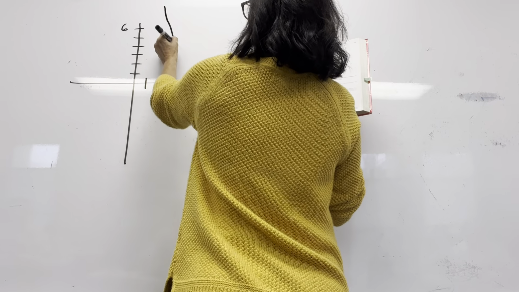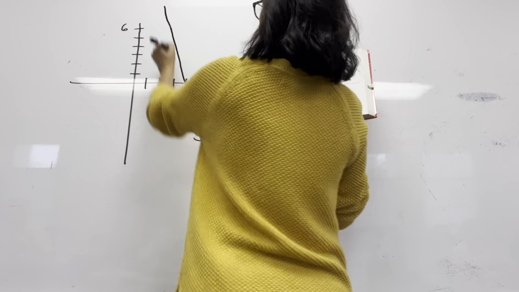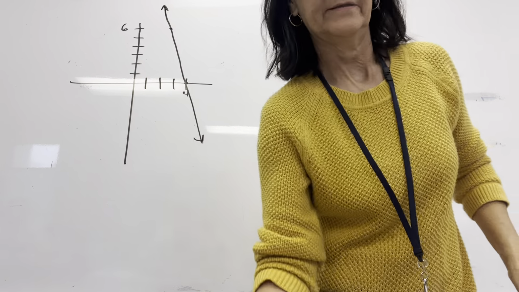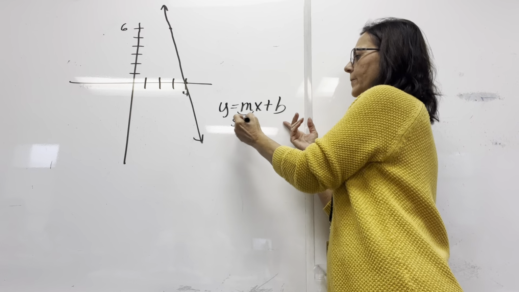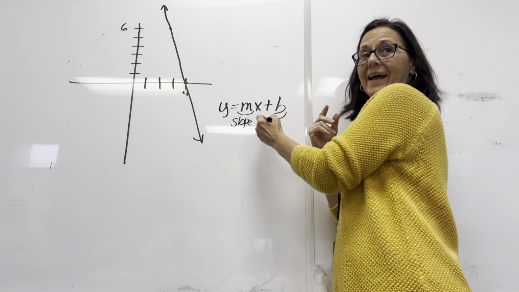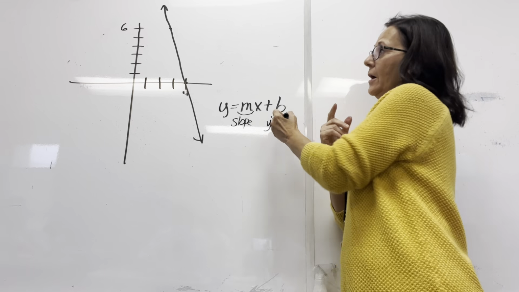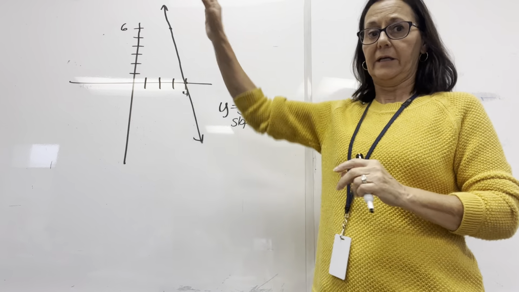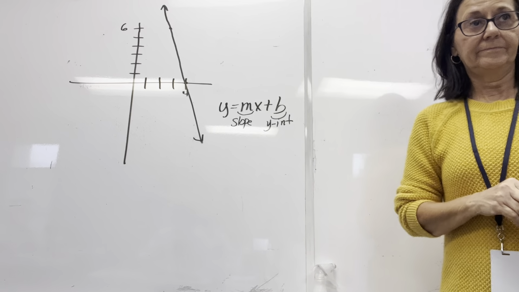When you look at this line, we have an x-intercept. But what's the formula for a line? Y equals mx plus b. In order to arrive at the equation, we need the slope and the y-intercept. But we don't know what the y-intercept is. It's outside of this image. But if we know what the slope is, we can find the y-intercept.